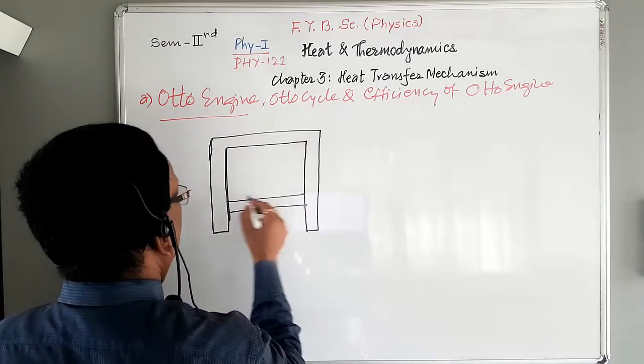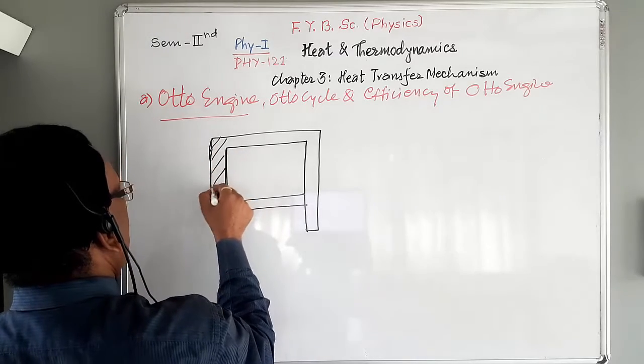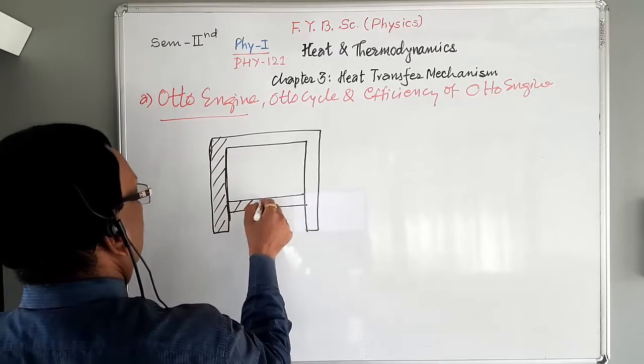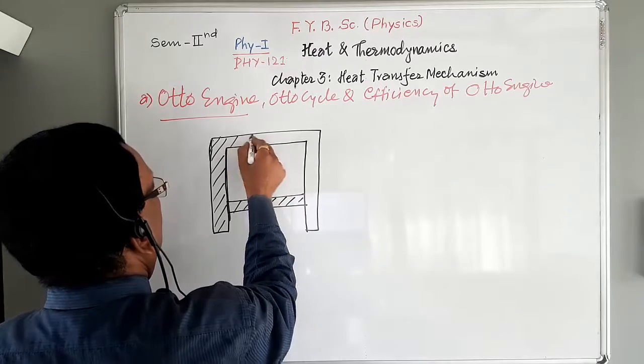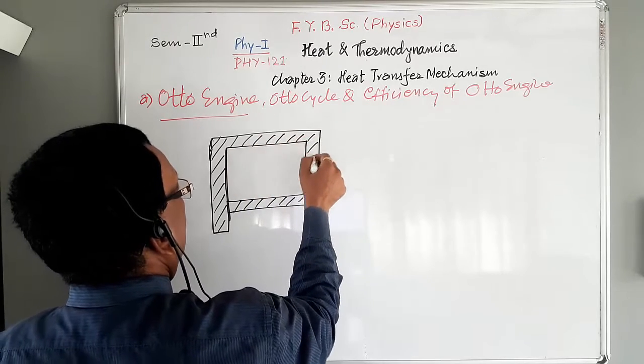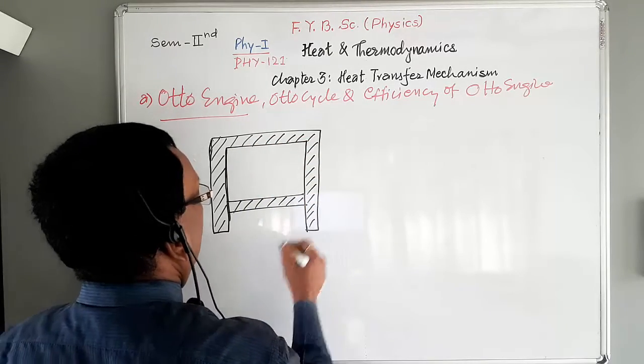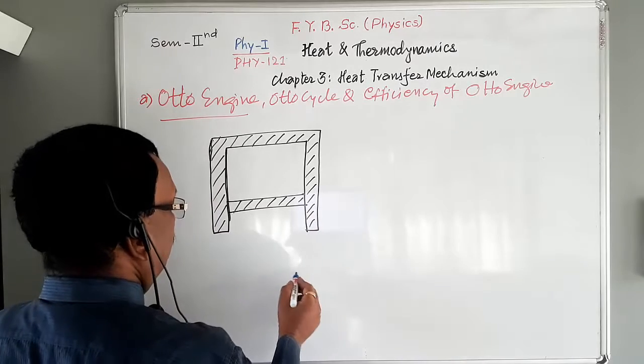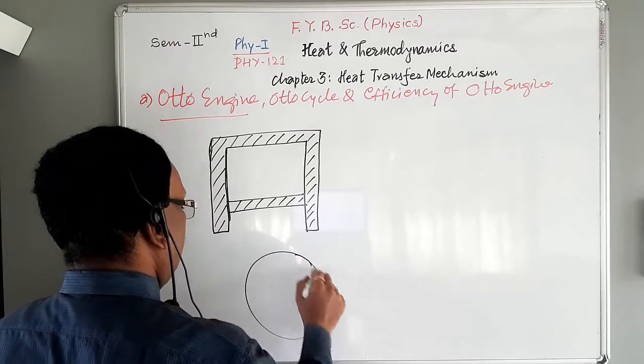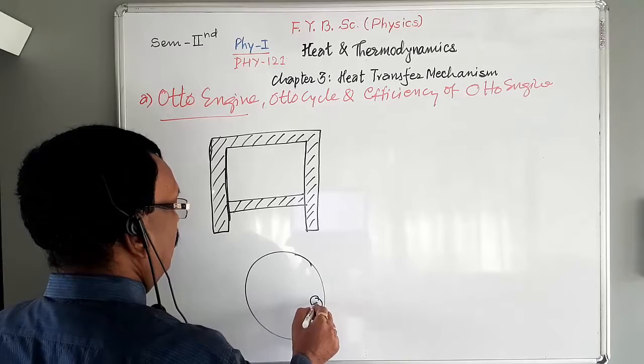The Otto engine consists of a cylinder fitted with a frictionless and movable piston.